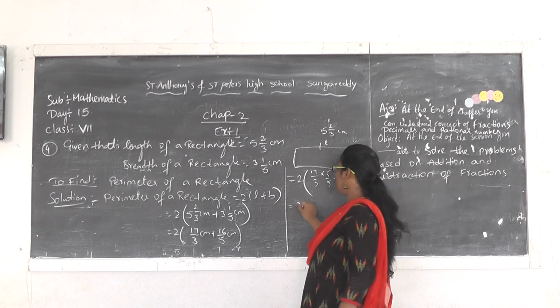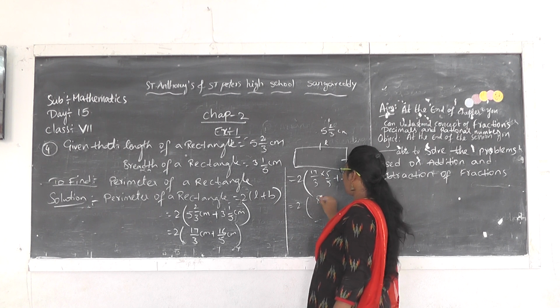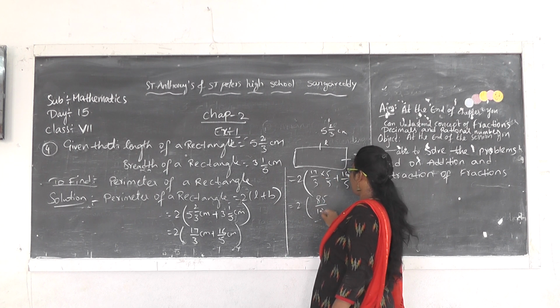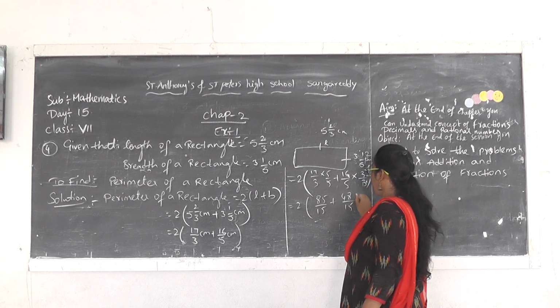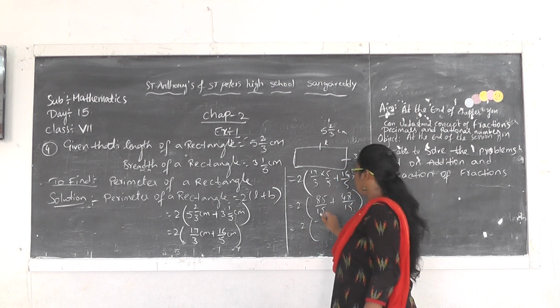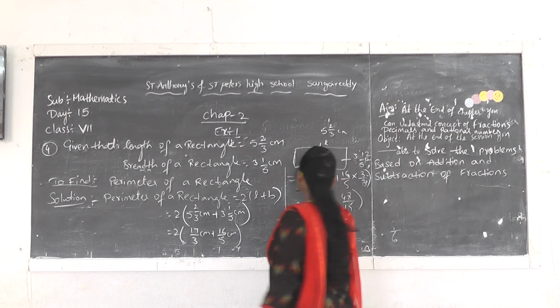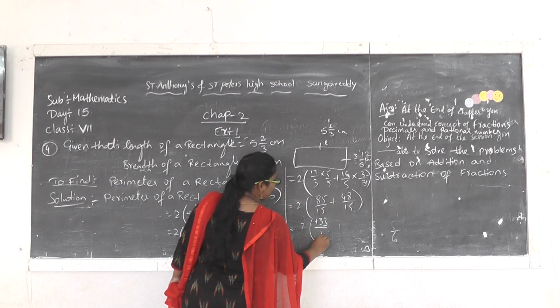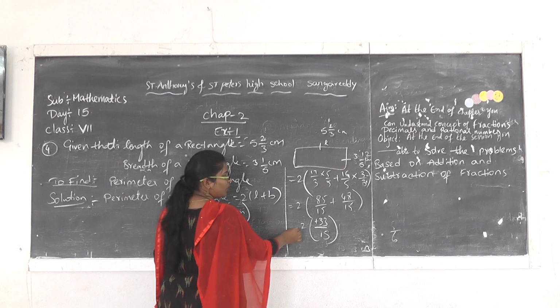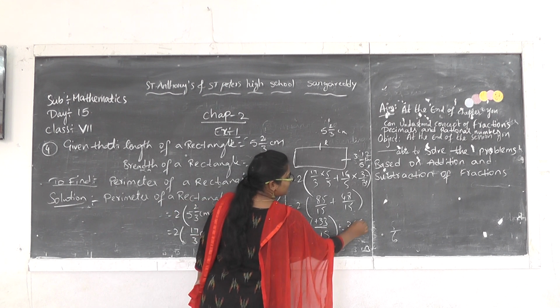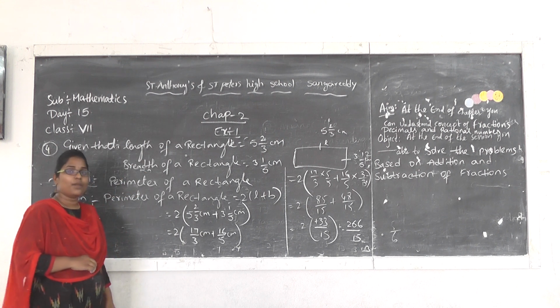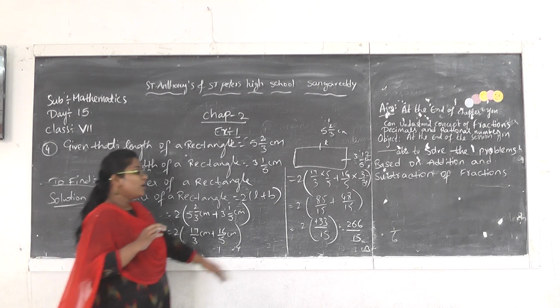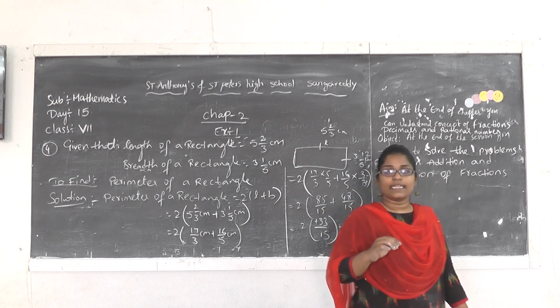Okay. Now 2 into, 17 fives are 85, 3 fives are 15, plus 16 threes are 48, 5 threes are 15. Now 2 into 85 plus 48, 133 by 15. So 2 into 133, 266 by 15. Is 266 by 15 proper or improper? It is an improper fraction because the numerator is greater than the denominator.